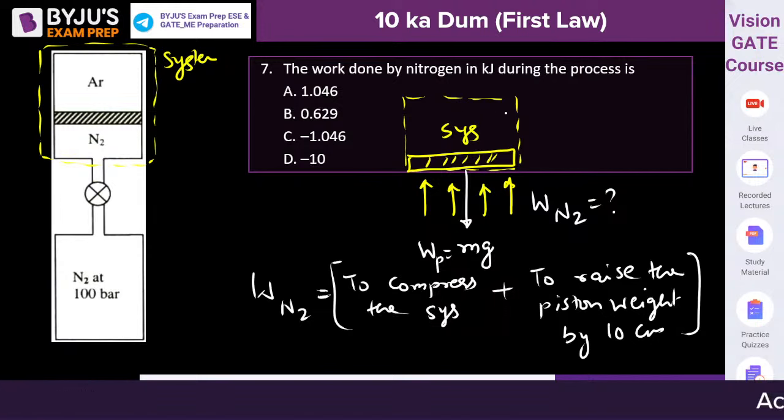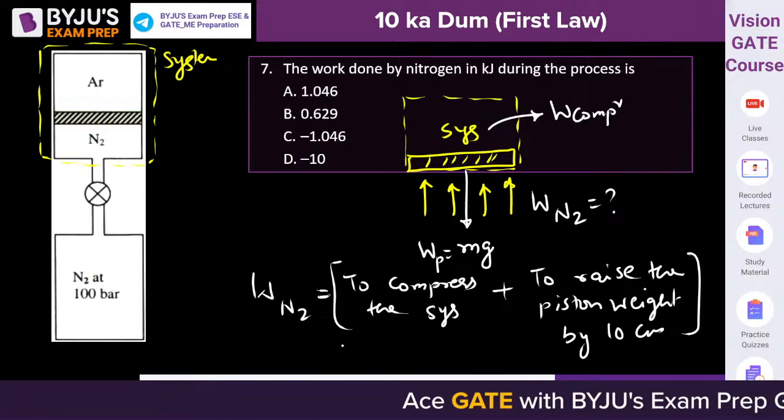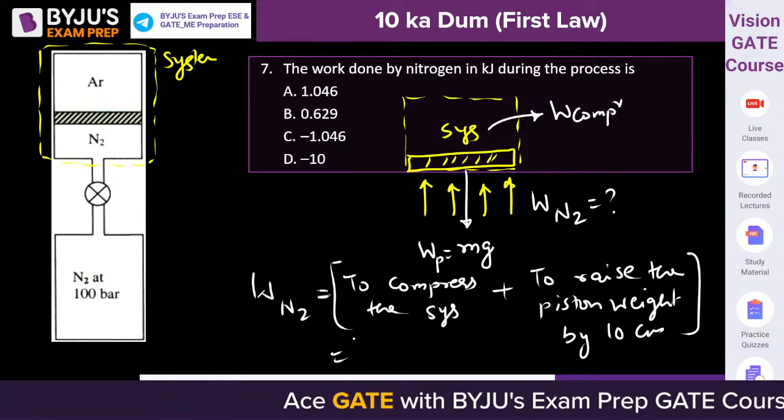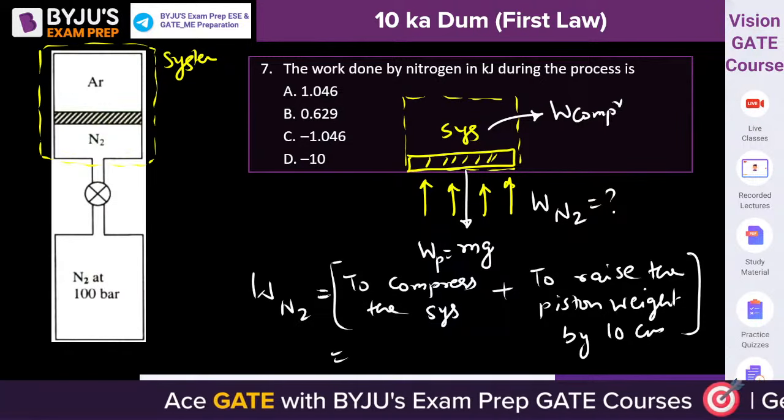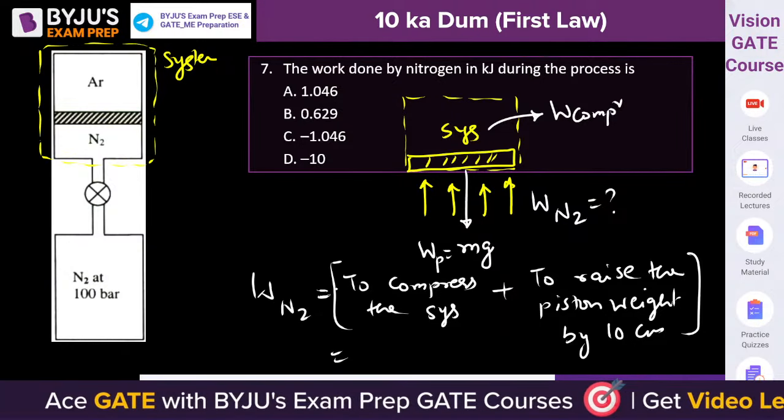This is the total work done by the nitrogen. This will be the total work done by the nitrogen to compress the system. So whatever is the work done on the system for compression, W compression will be equal to the work done by the nitrogen, because the nitrogen is doing the work. It means work done by nitrogen will be positive.